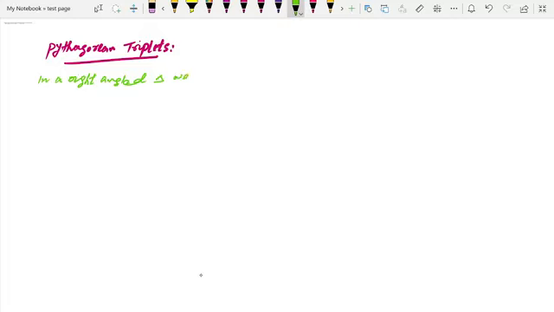We can have sides of lengths 3 centimeter, 4 centimeter and 5 centimeter. I'm sure you must have studied this somewhere.